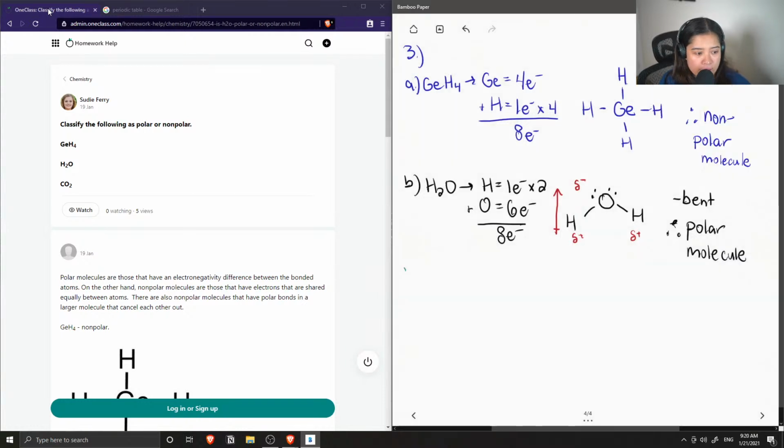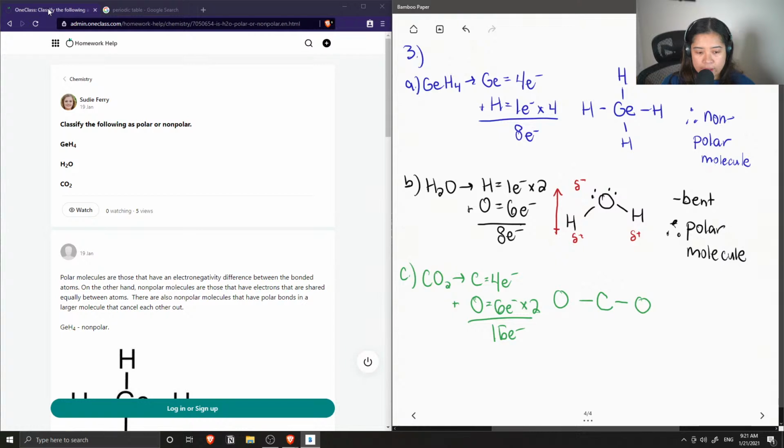So now let's do our last molecule, which is carbon dioxide. Carbon has 4 valence electrons. Oxygen has 6. And we have 2 oxygens. So 12 plus 4 is 16 electrons in total. So now we'll show our carbon in the middle as our central atom.